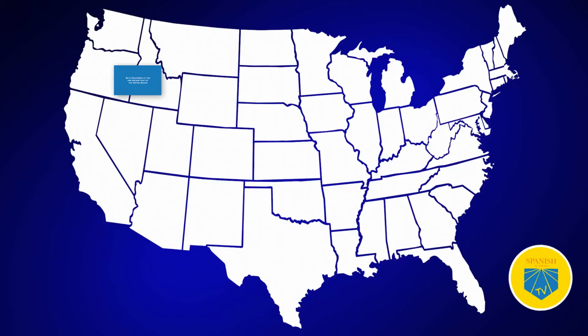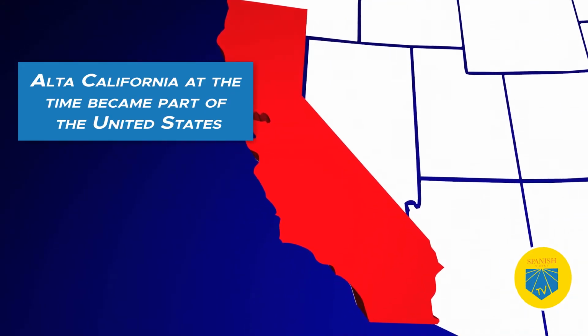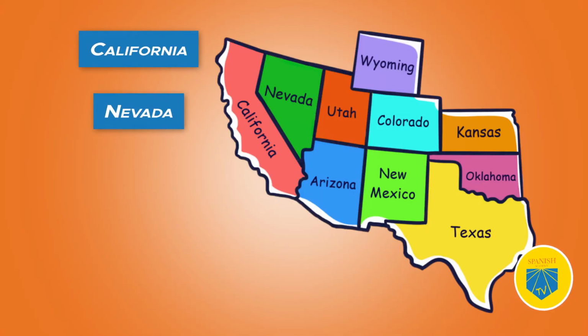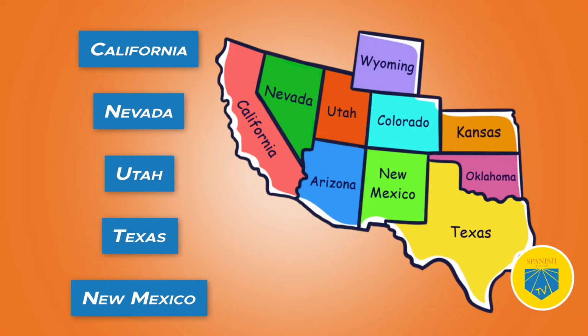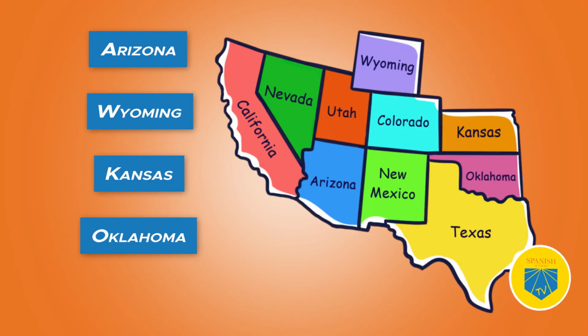The northern portion of the Mexican territory, known as Alta California at the time, became part of the United States. These former Mexican lands are now part of the states of California, Nevada, Utah, Texas, New Mexico, Arizona, Wyoming, Kansas, Oklahoma, and Colorado.